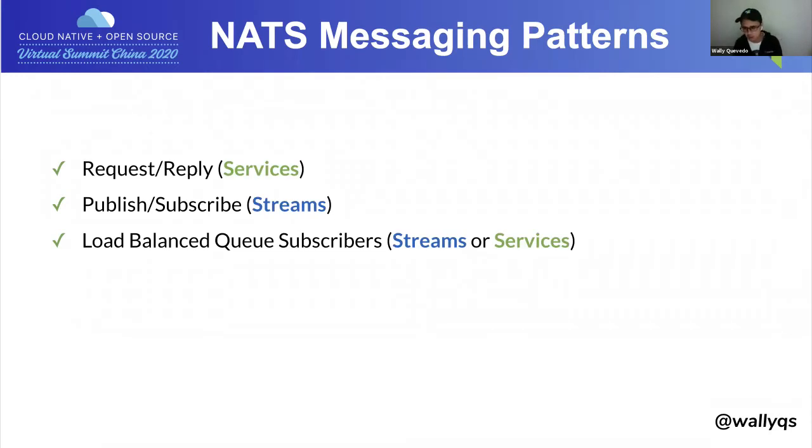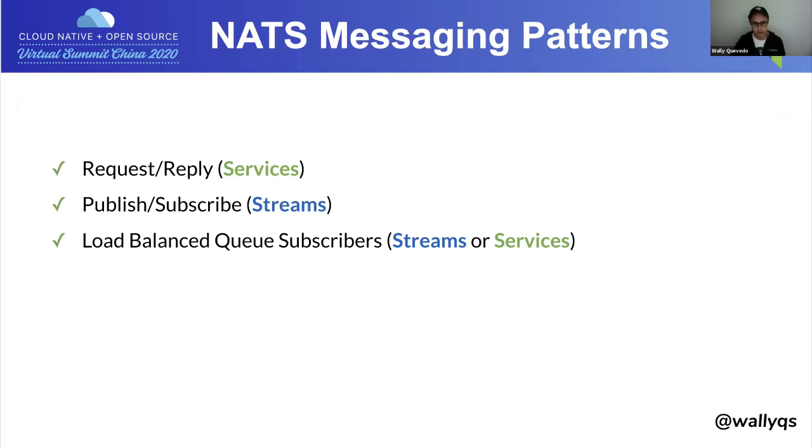Starting from NATS v2, we call these services. Whereas if you have a sequence of events that are going to be consumed by n number of consumers, we call them streams. And you can enable load balancing, of course, to either streams or services.